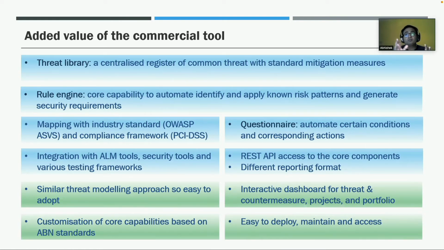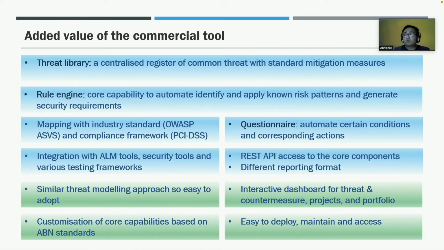Customization. So you can customize the threat libraries. You can add your own threats or threat libraries based on your organization's threat landscape. You can create your own rules. You can tweak the existing rules as well as create your own rules. You can add your own standard. So yeah, ABN AMRO bank is compliance driven, so you can convert your compliances into a standard in the tool.